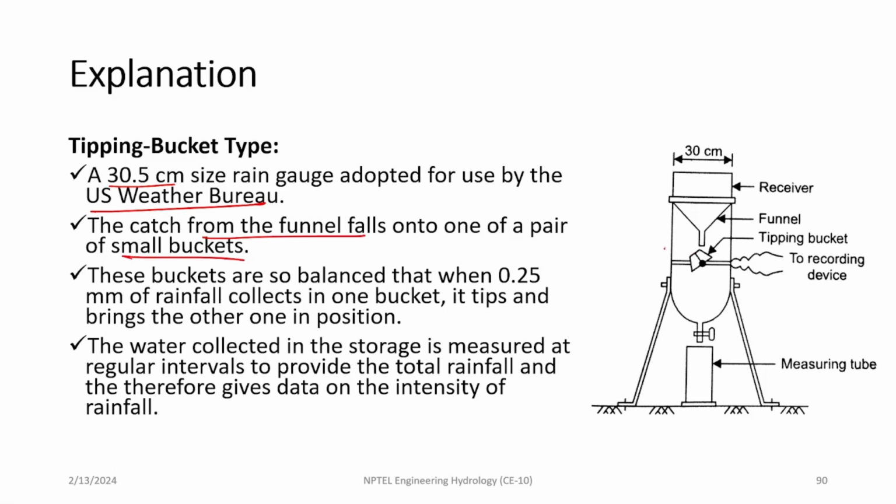Ashish, you can see there is a pair of buckets working in a to-and-fro manner. Whenever water falls in one, it gets weight and moves downward, and the other goes upward. Each bucket can store 0.25 mm at one time.